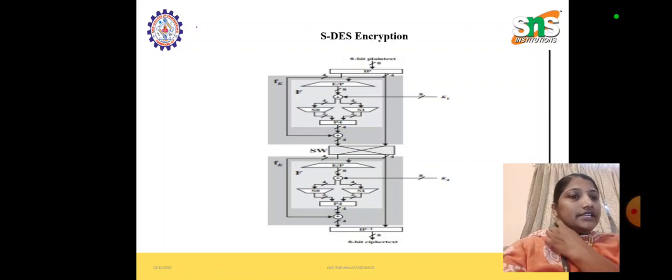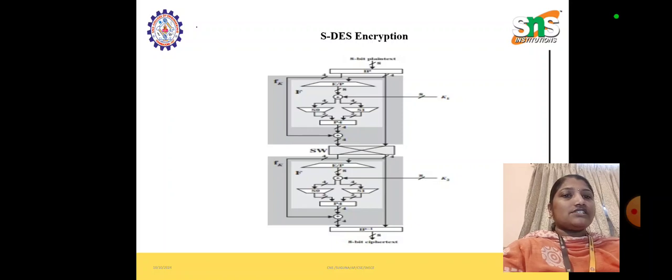In decryption also, first we apply the initial permutation. Next we perform 2 rounds of decryption, where K2 is used in the first round and K1 is used in the second round. After the rounds, apply the inverse initial permutation, that is IP inverse, in order to get the original plain text.